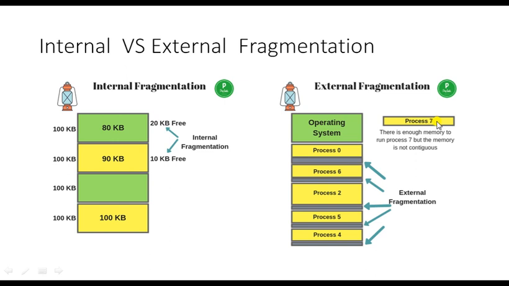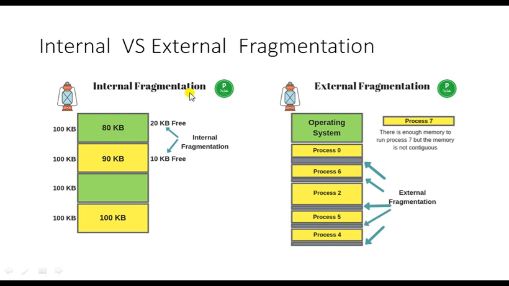For fitting this process 7, overall the memory is available, but at once this memory is not suitable for storing process 7. What we discussed earlier. This is called external fragmentation. That means for storing process 7, memory is available in total, but memory is not available at a single point. This is called external fragmentation.